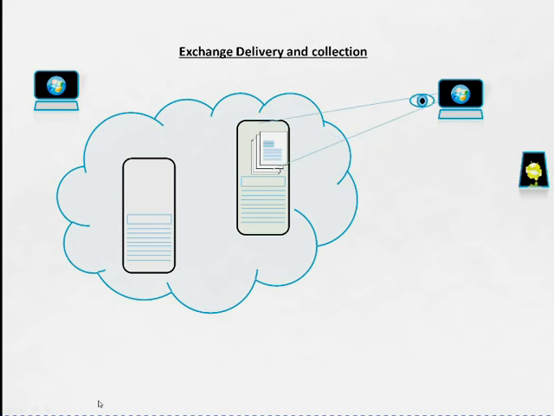One of the other great advantages is that because you're always looking at the same email that lives on the server, when you send an email from your desktop, the same email will also be in your sent items on your remote device.